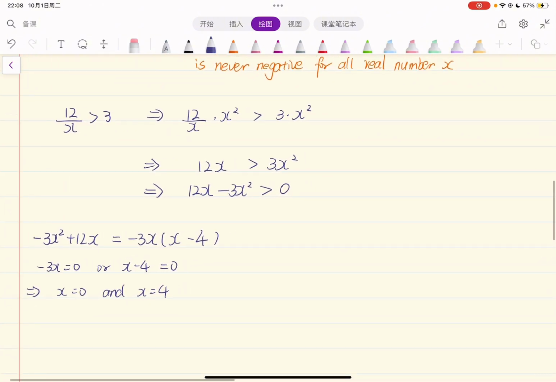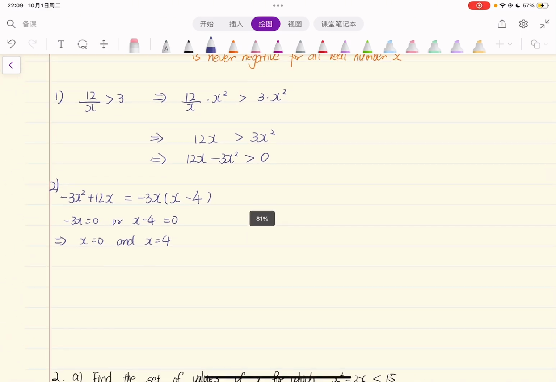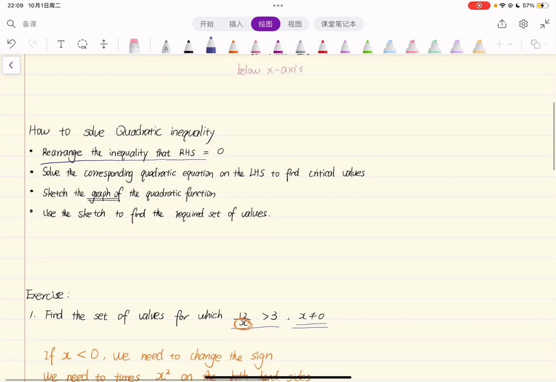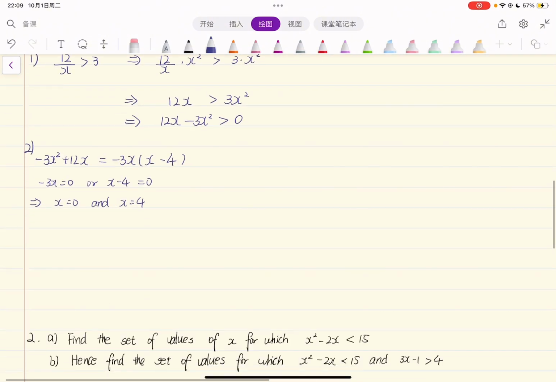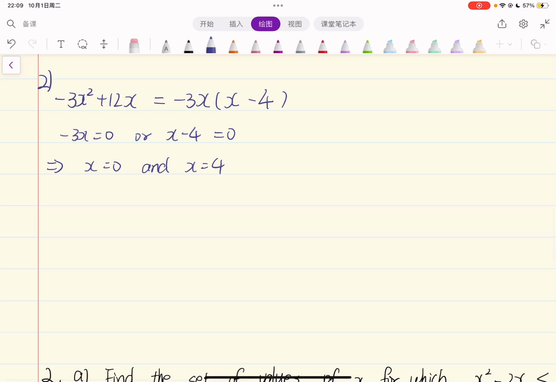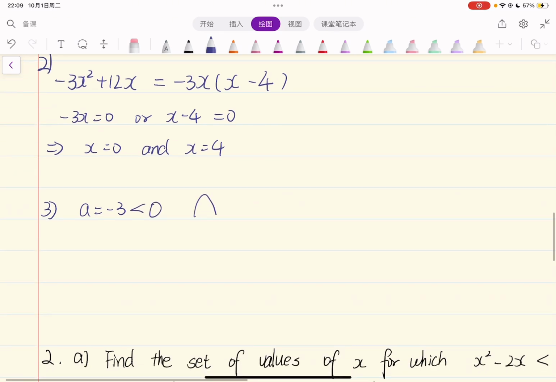Let me write that. This is the first step, this is the second step. Then we need to sketch the graph of the quadratic function. The coefficient of x squared is minus 3, so a equals minus 3, which is less than 0, so it's a sad face.